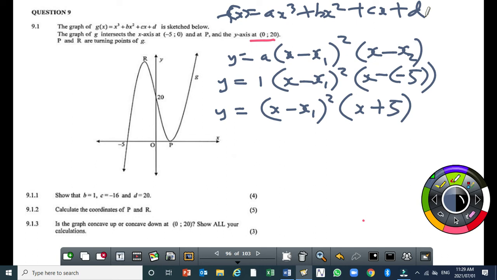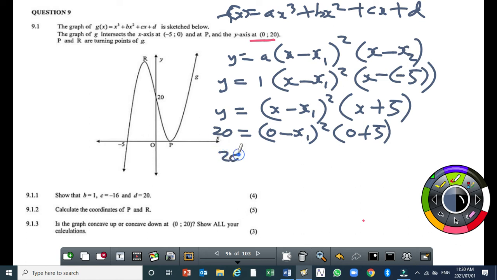They determine the shape. So where there is y, we put 20. Where there is x, there we put 0. Are you following that?